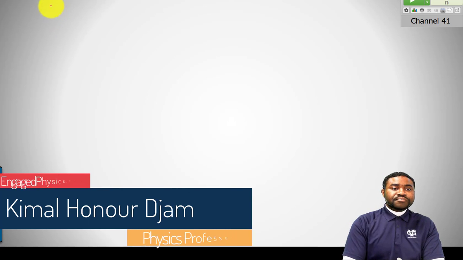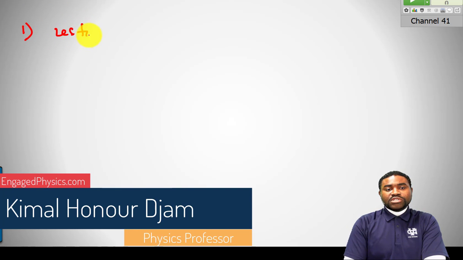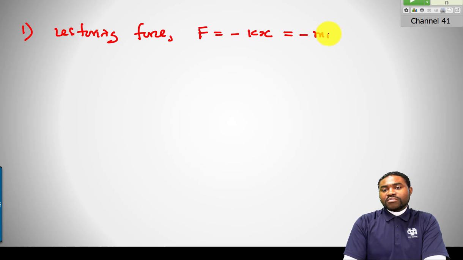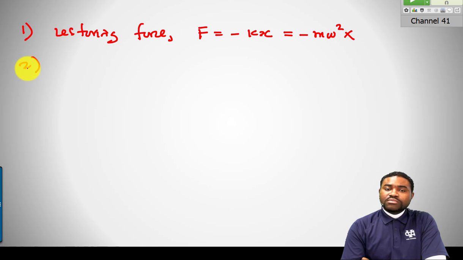One, there must be a restoring force, F given by negative kx, which is the same as negative m omega squared x. Two, the position, velocity, and acceleration of the system are all sinusoidal functions of time.